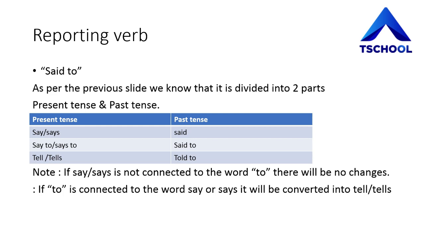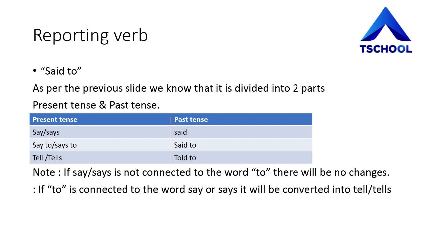Here, said to is considered to be the reporting verb. So as per the previous slides, we know that it is divided into two parts, that is present tense and past tense. Present tense, say or says, that changes to past tense, that is said. Say to or says to, that changes to said to, again past tense.